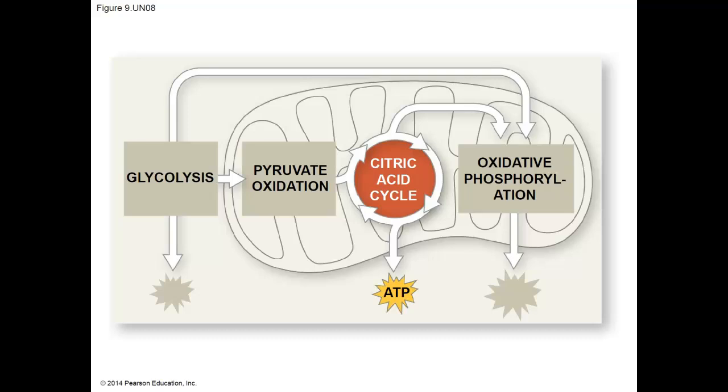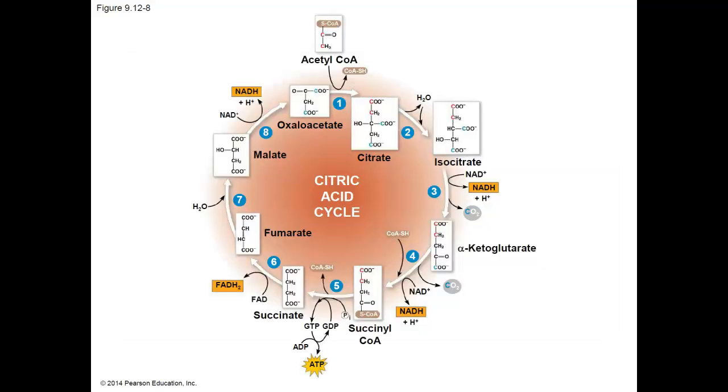The acetyl-CoA will enter the mitochondrial matrix inside the inner mitochondrial membrane to begin the Krebs or citric acid cycle. The cycle starts with oxaloacetate as it joins acetyl-CoA, thereby regenerating our oxaloacetate.